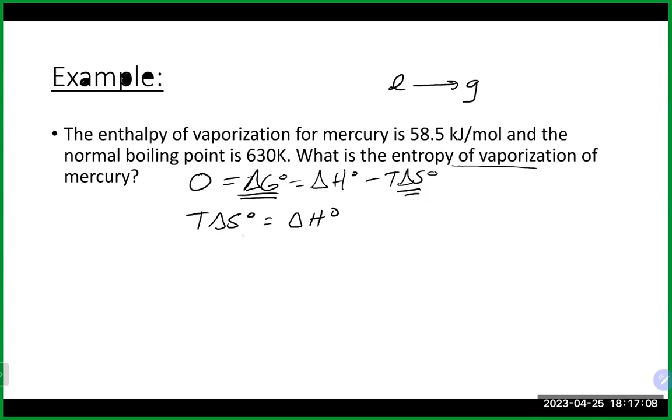And again, dividing our temperature to this side gives us our delta S of vaporization will equal our delta H over our temperature, which does need to be in Kelvin. So it is in Kelvin. So that's good. This is our delta H of vaporization. As you can see, it obviously is a different value than what we see for water because it's a different substance.